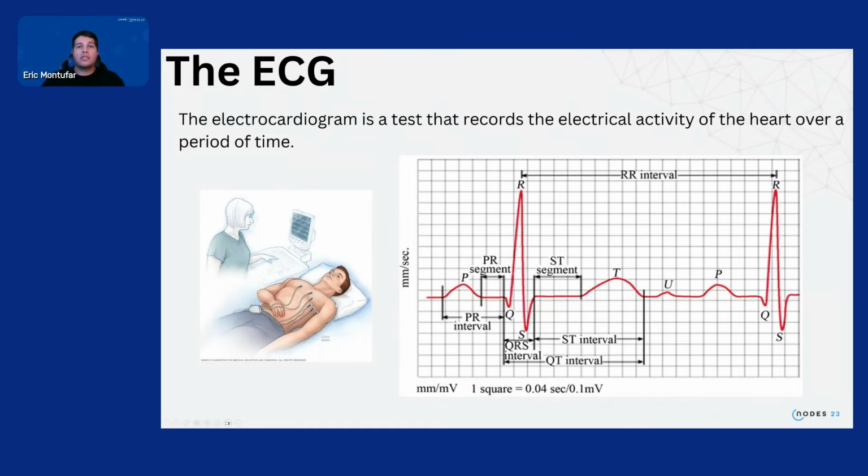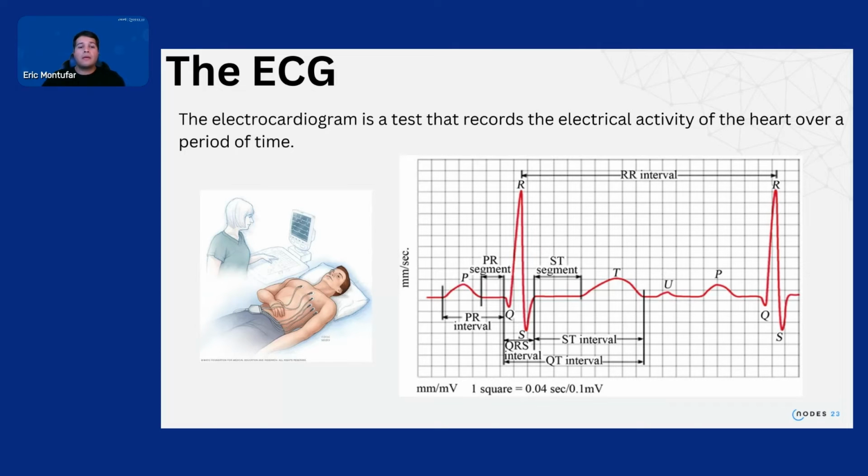As you can see here, this one has many components, and these components basically represent electrical and mechanical events in the heart dynamics. One of these points is the R peak, the one we have on the top. And there's something called the RR interval, which indicates the time that elapsed between heartbeat and heartbeat.